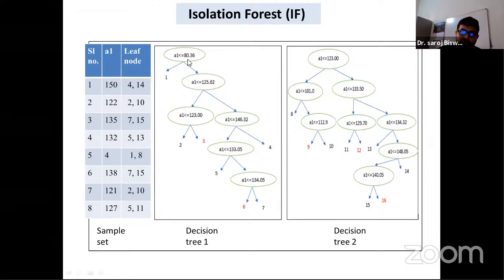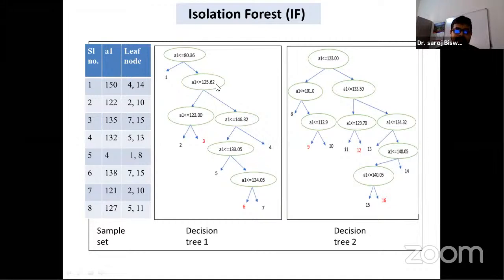Now we have 80.36 here. The nodes on the right-hand side must be above 80.36, so all the remaining observations lie between 80.36 and 150. So we create a random number between 80.36 and 150, and that random number is 125.62.